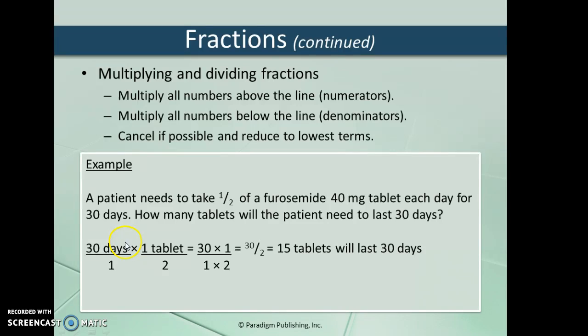So 30 days over 1 times 1 tablet over 2, because you're taking a half tablet, is equal to 30 halves. Reduced, 15 tablets will last 30 days.